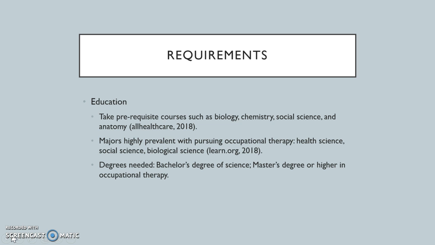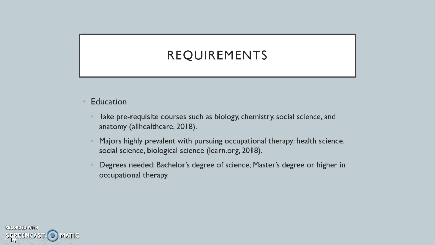There's a whole bunch more, but these were the most basic ones. There are a few majors that you can take in your undergraduate years, such as health science, social science, and biological science. They are good majors for pursuing a career in occupational therapy.